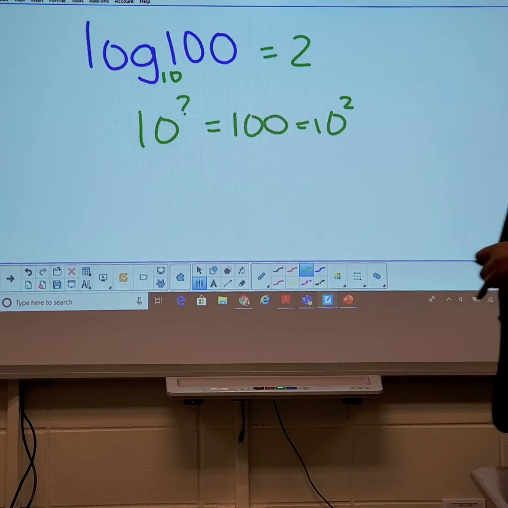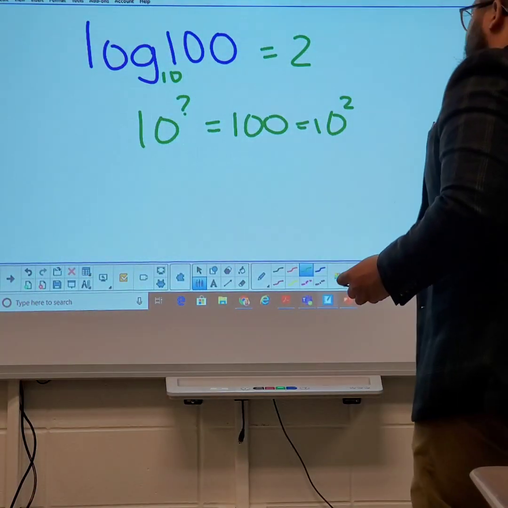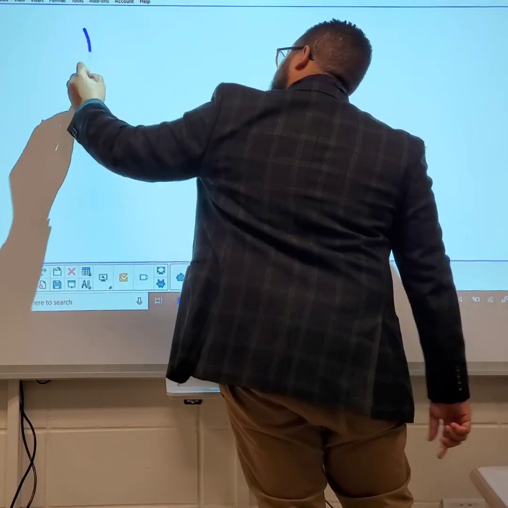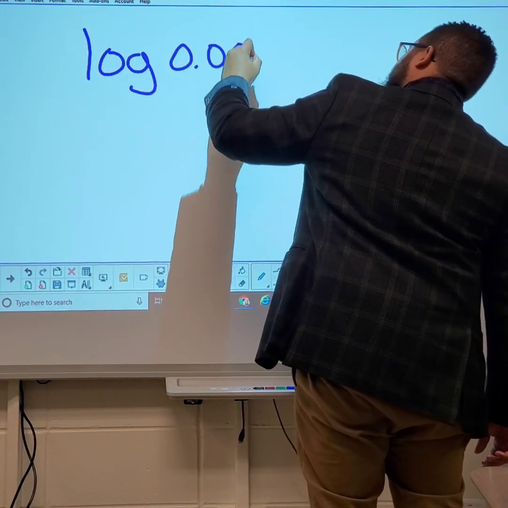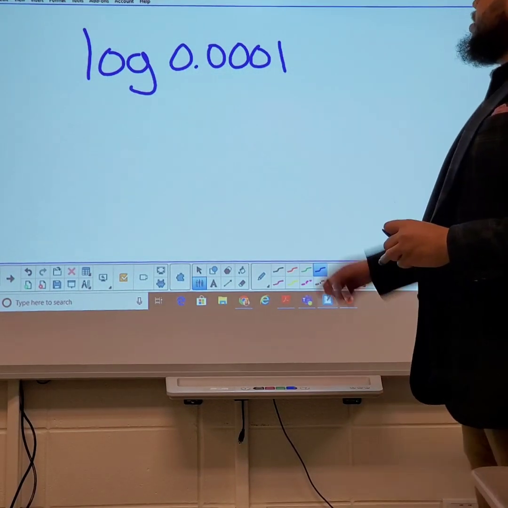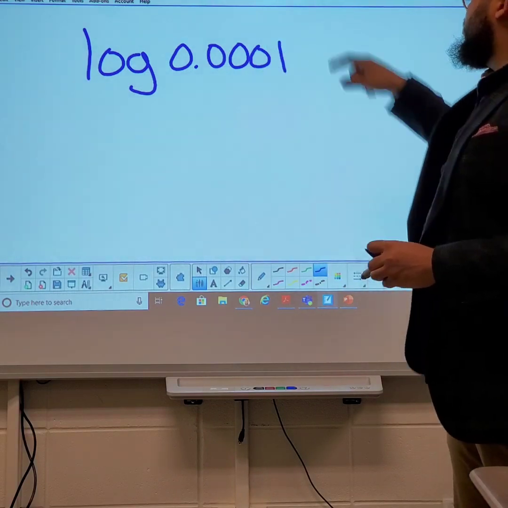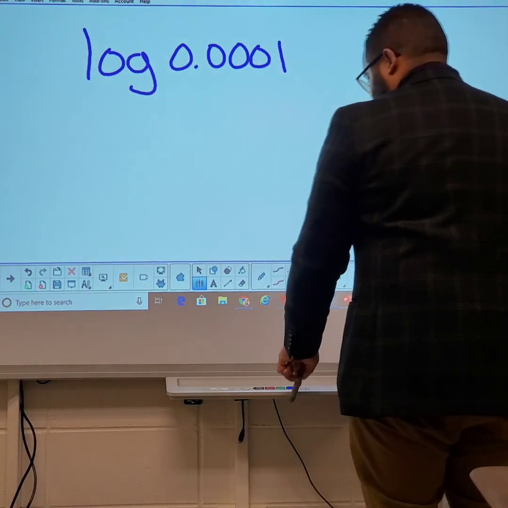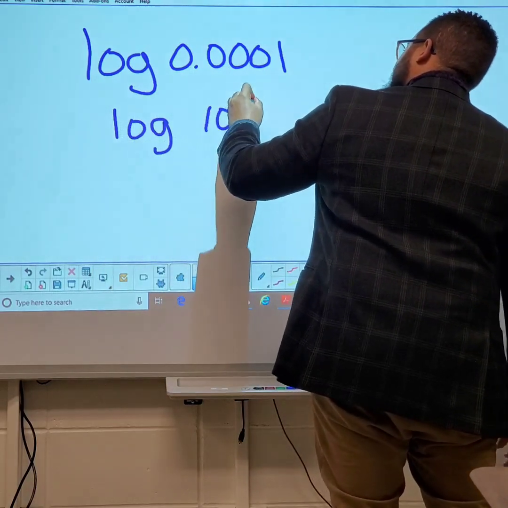The next one is log of 0.0001. How many decimal places is this? 1, 2, 3, 4. So this is just like saying log of 10 to the negative 4.